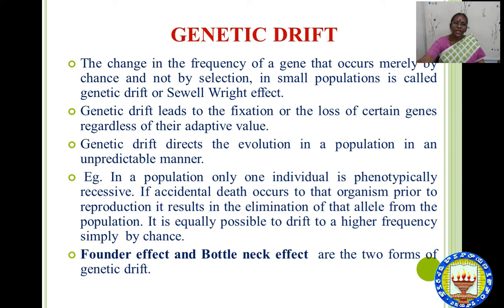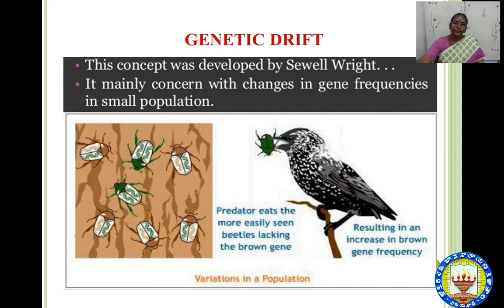For example, see, in a population, if only one individual is phenotypically recessive and by accident the death of this organism occurs before reproduction, it results in the elimination of that allele from the population. And the examples of genetic drift are the founder effect and the bottleneck effect.